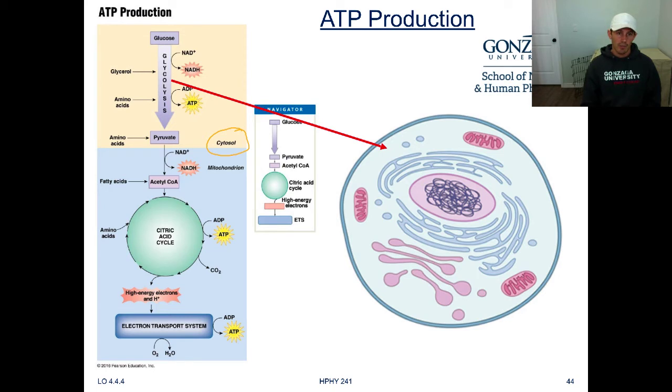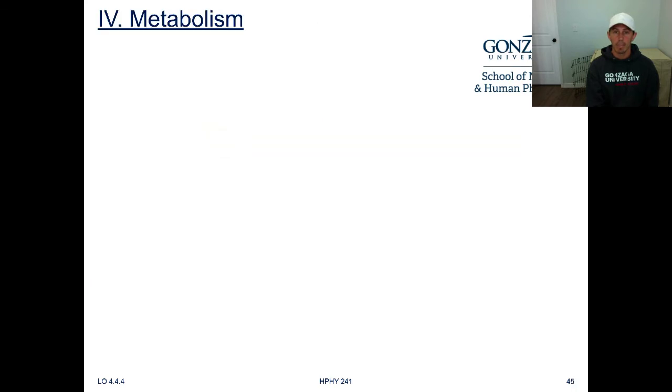However, the next 2 steps, the citric acid cycle and the electron transport chain, have a very specific location, and they only occur in the mitochondria of the cell. So all those enzymes, all the proteins and other things that are needed for the second and third step of ATP production from glucose are housed within the mitochondria. Okay, so keep that in mind.